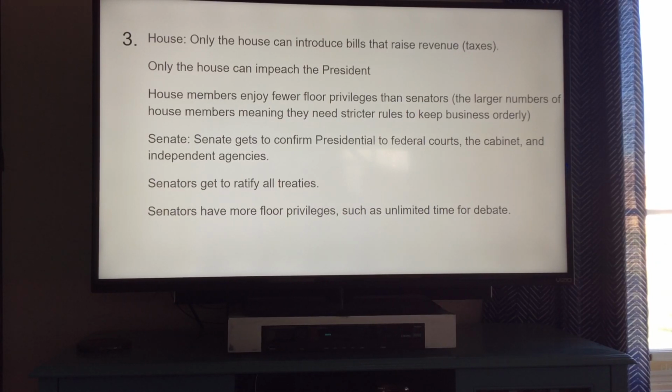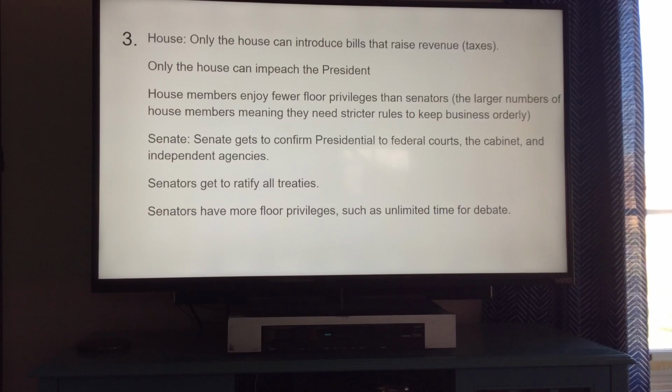This actually goes back to Great Britain and the rule that only the House of Commons could vote for tax increases. The House of Lords could not, because the Commons, the common people, were going to pay most of those taxes. They should get the say on whether they go up, not the aristocracy. And the same rule has been applied to our U.S. Congress: because the House represents the people, and the people are going to pay the taxes, the House should be the one to introduce those bills.